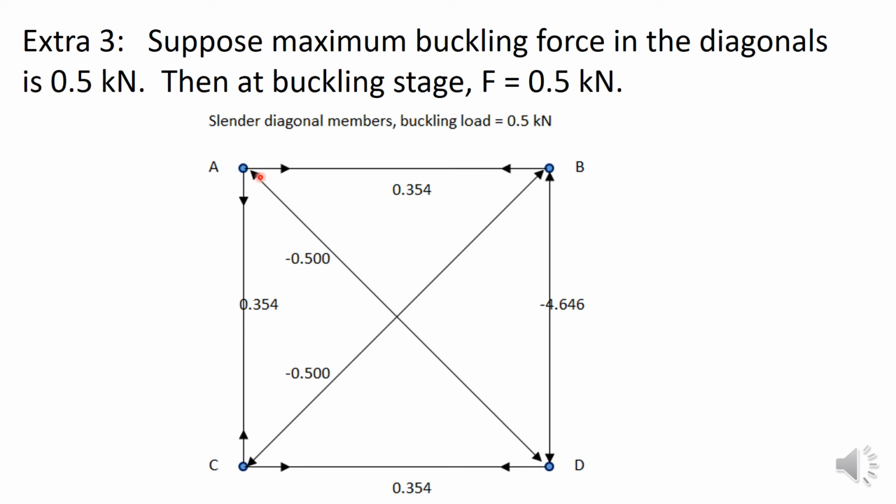So you can design for compressive forces in these members that create buckling, and treat that as a limiting state, and see whether the horizontal movements of B are permissible.